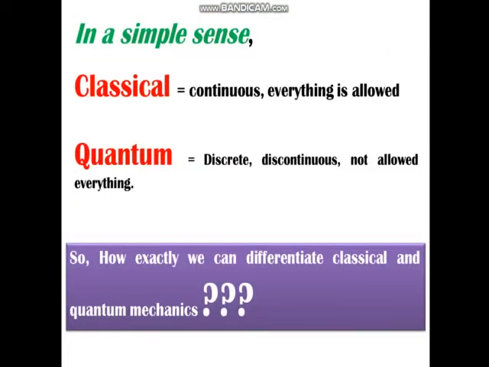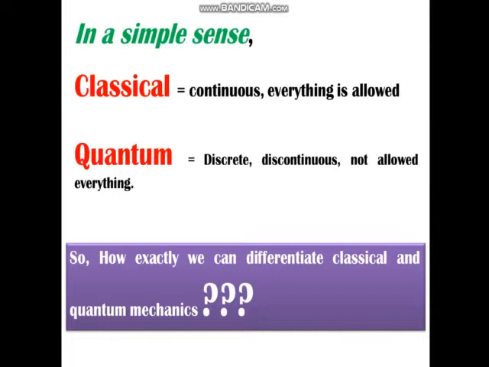In a simple sense, classical mechanics means everything is continuous and everything is allowed with respect to physical quantities. But in quantum mechanics, it is not so. Physical quantities are discrete, discontinuous, and not everything is allowed.